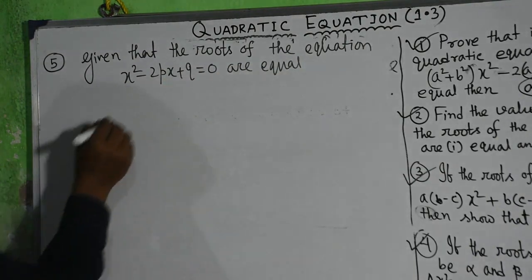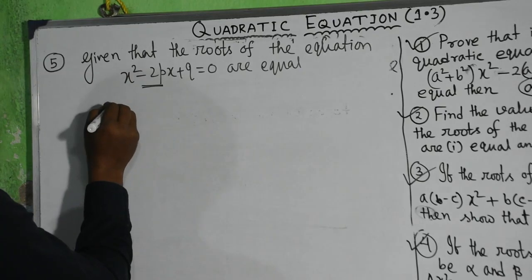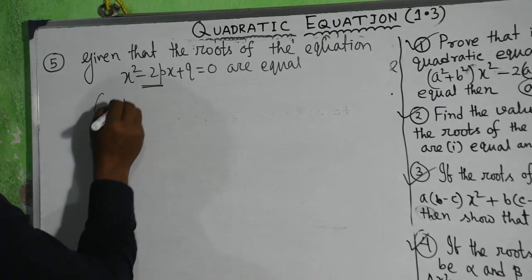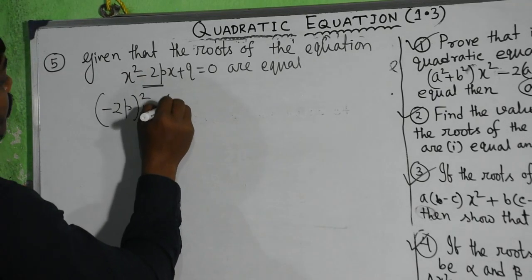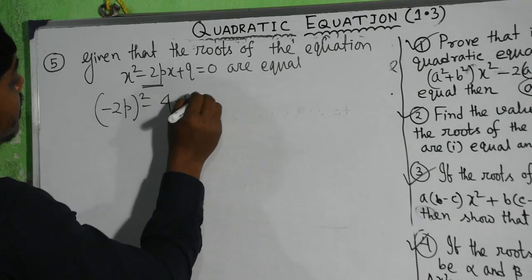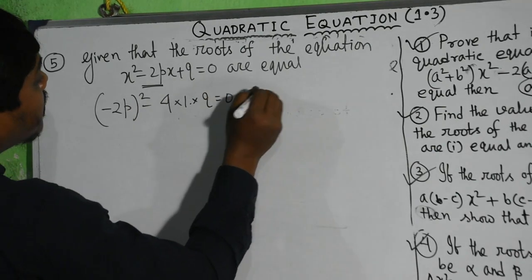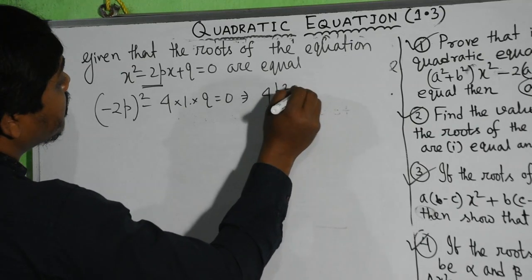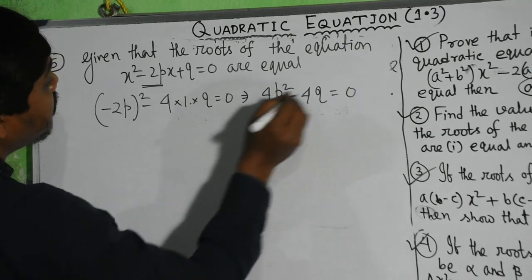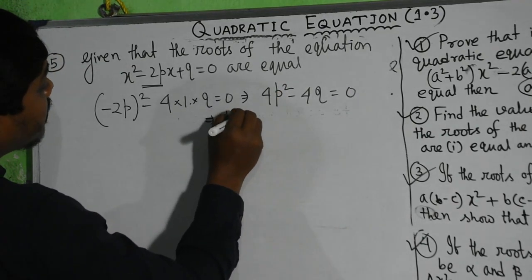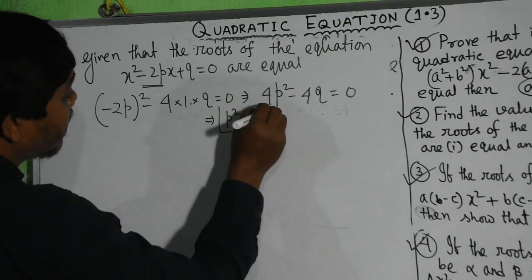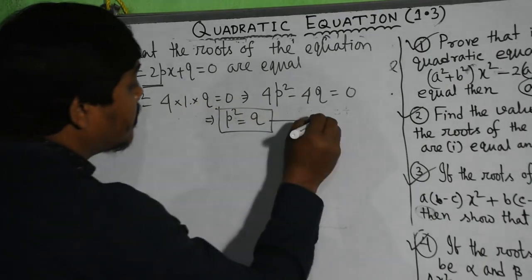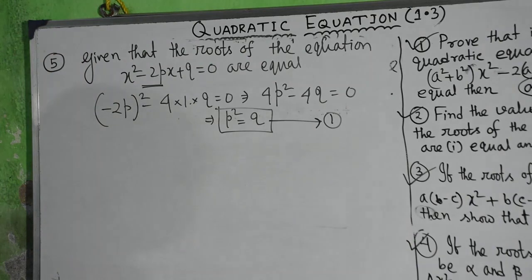That means b square minus 4ac equals 0. Here b equals minus 2p, minus 4 into 1 into q equals 0. So I have gotten 4p square minus 4q equals 0. 4 cancelled, so p square equals q. That is my condition. So this is equation number 1.